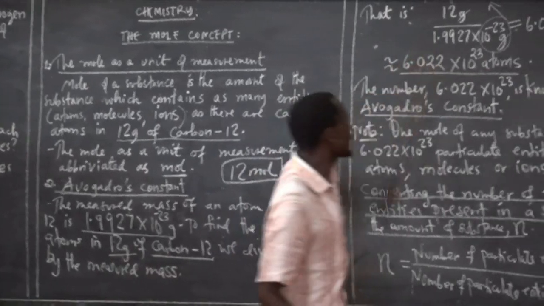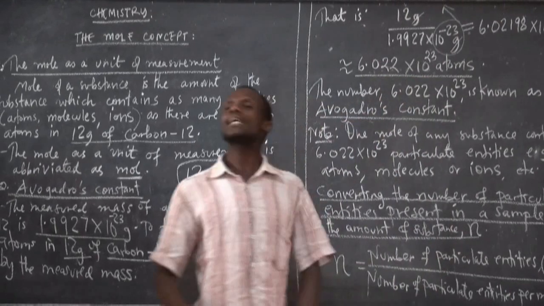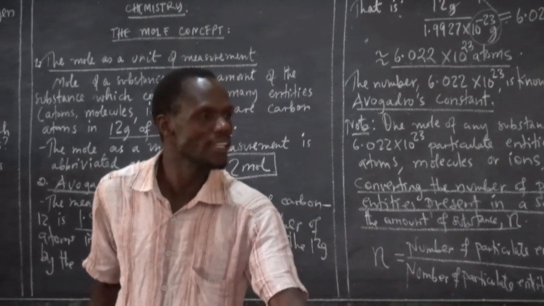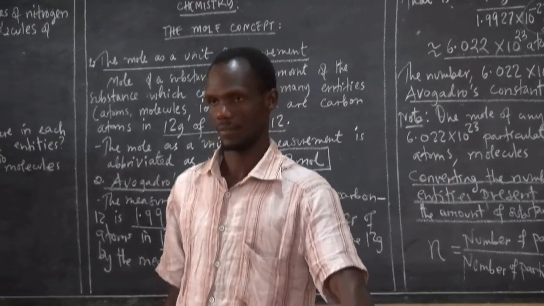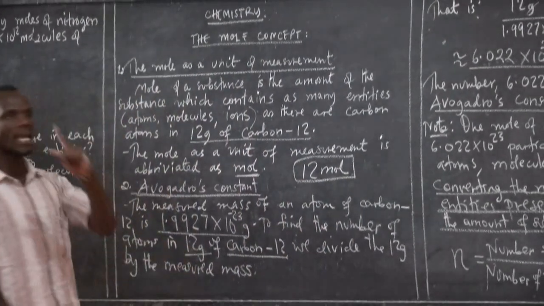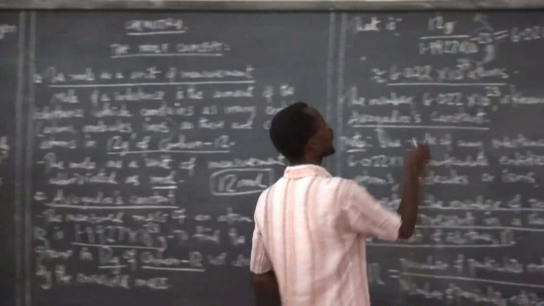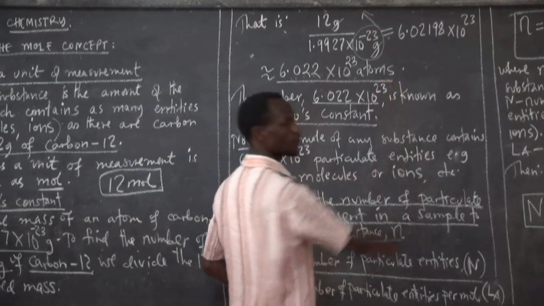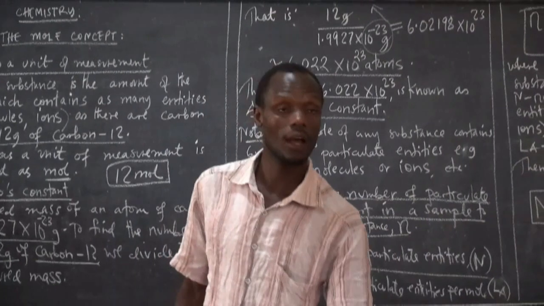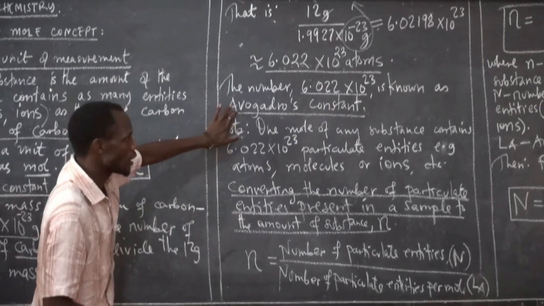This Avogadro's constant may be atoms, molecules, or ions, so far we're talking about particulate entities. Those particulate entities are atoms, molecules, and ions. Therefore, this is what we call the Avogadro's constant. Have I made myself clear? Are we together?